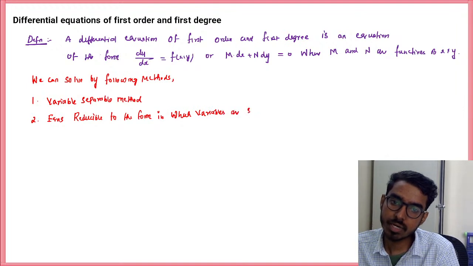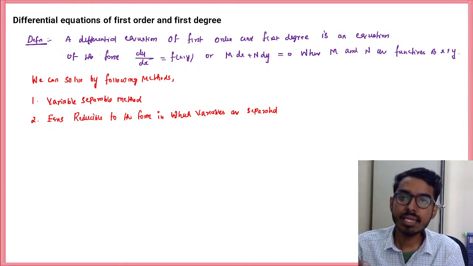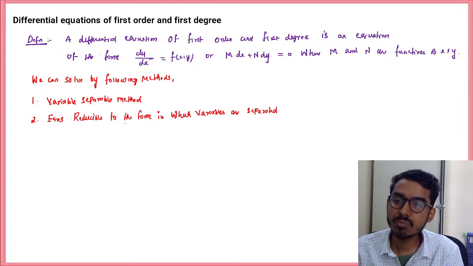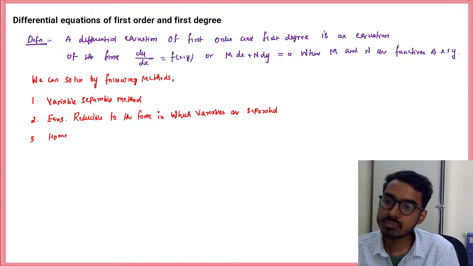Equations reducible to the form in which variables are separated, right? So we cannot separate variables by looking at it directly, but we can reduce that equation and then we can use method 1. The third one is called homogeneous equations.